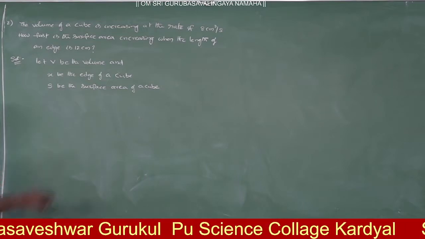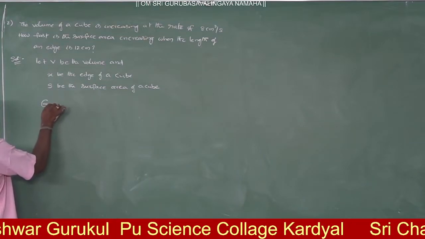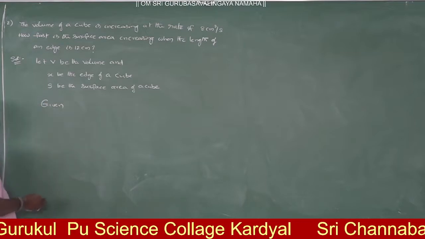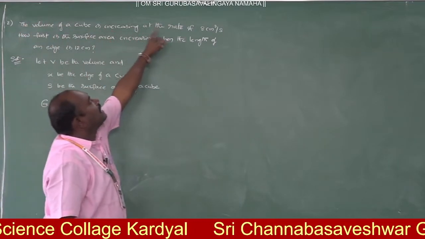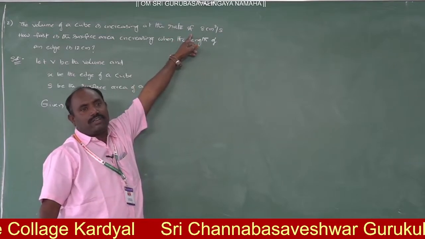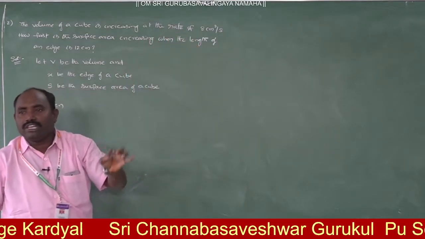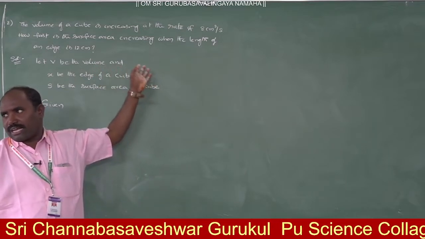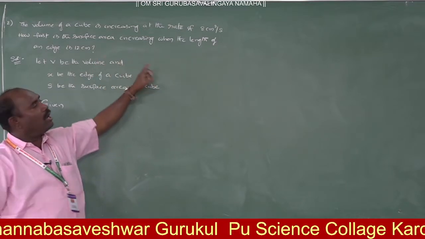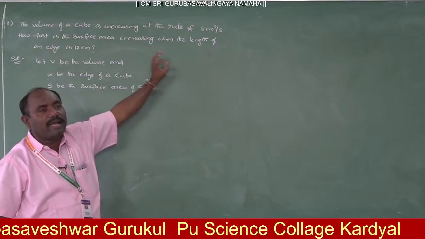So what are the given conditions? What is the given first condition? The volume of the cube is increasing at the rate of, that means dV by dt is given with respect to time, so we have to take dV by dt.